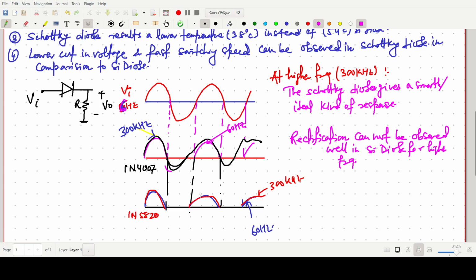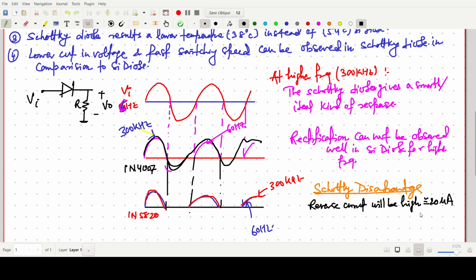Now, what are the basic disadvantages of the Schottky diode? Some disadvantages we also have to know. In the Schottky diode, the reverse current will be high in comparison to the silicon diode.